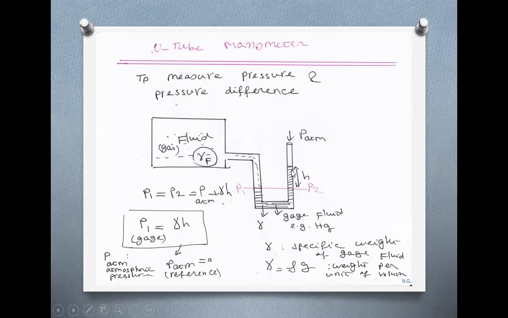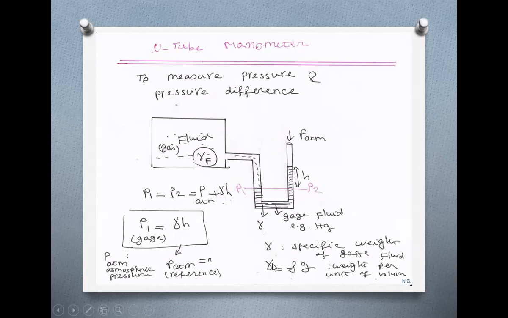is equal to gamma H. So you look at the U-tube, and in one leg, the liquid, which is mercury or gauge fluid, right? You multiply that distance H by gamma, and that gives you pressure. So that's how we measure the pressure using a U-tube. By the way, gamma is the specific weight of the gauge fluid, which is usually mercury.